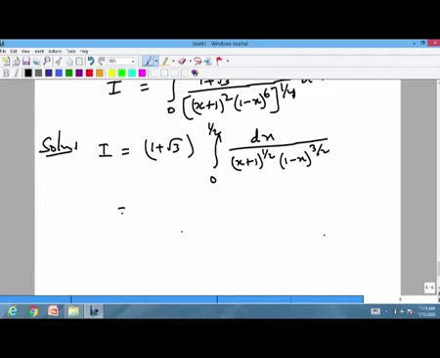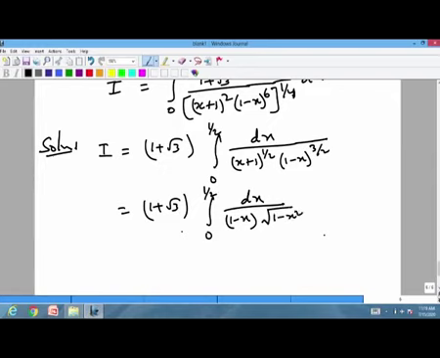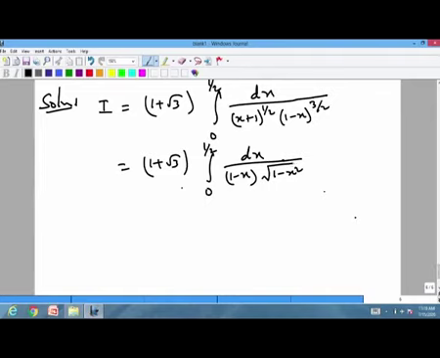So, now I will write this as 1 plus root 3 times the integral from 0 to half of dx by, writing (1 minus x) to the power 3 by 2 as (1 minus x) times (1 minus x) to the power half. So, we have (1 plus x) to the power half and (1 minus x) to the power half, which will become square root of 1 minus x square. So, we get dx by (1 minus x) times square root of (1 minus x square).